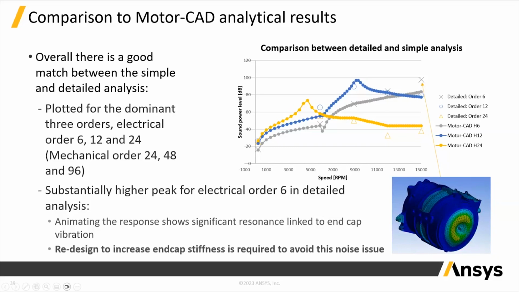So the detailed analysis is still required to look at the system integration and the local modes, but really the aim is that this detailed analysis should be providing additional value rather than being the first time the motor noise is predicted.